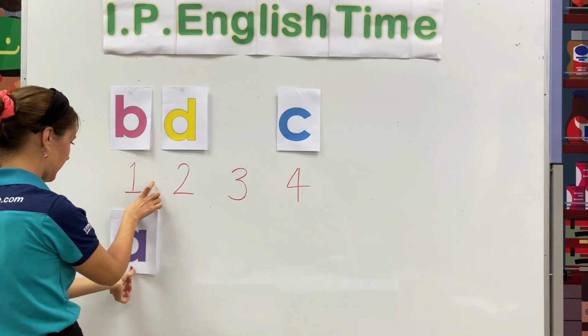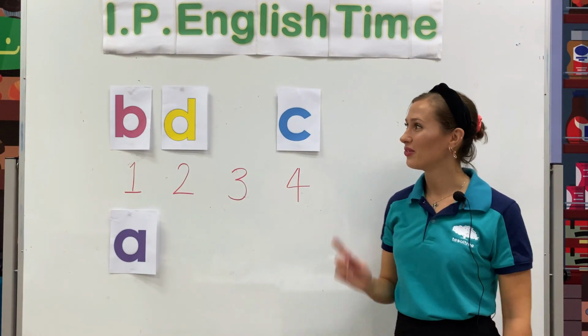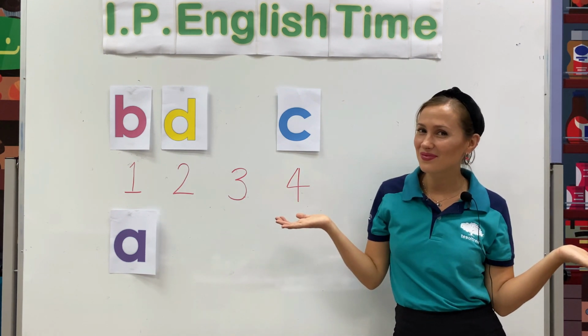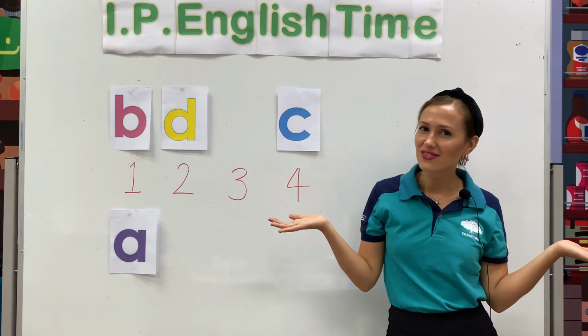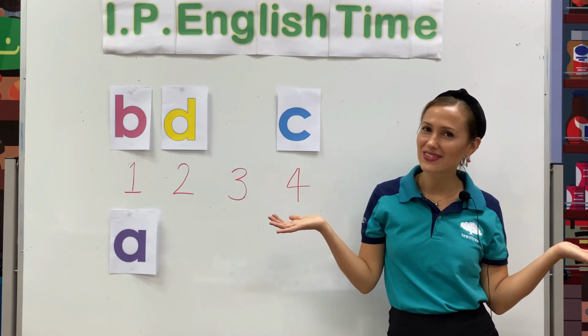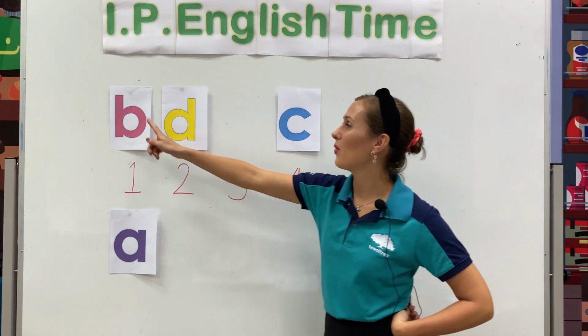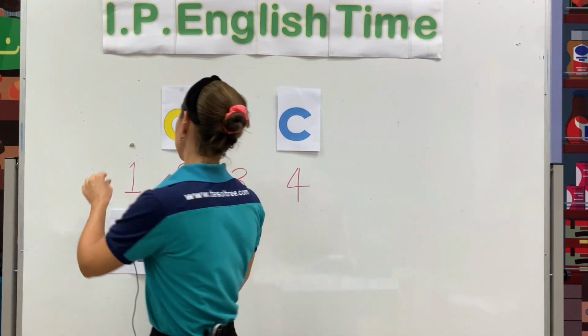Number 1. Okay, now let's think. What letter comes next? Correct. Letter B. Number 1, letter B, is the next letter of the alphabet.